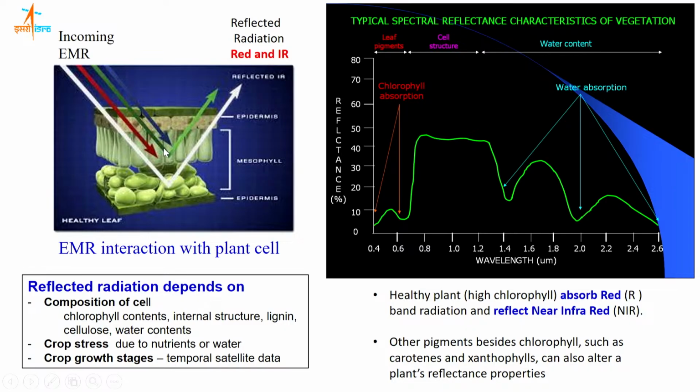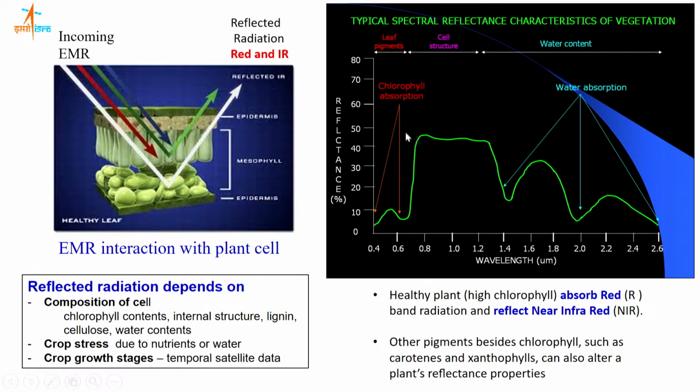The plant will absorb red radiation for photosynthesis, and it will reflect infrared in large amount because of the cellular structure, chlorophyll content, water content and nutrient content present in the vegetation or leaf cell. So this is the spectral characteristic of the plant, or you can say the leaf.